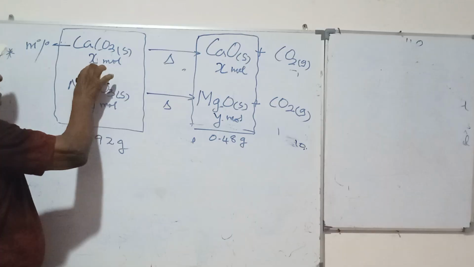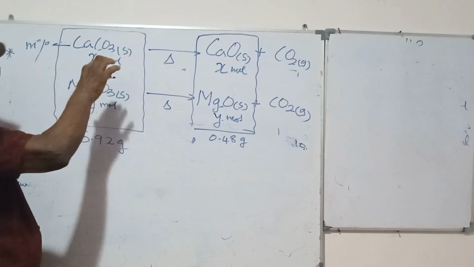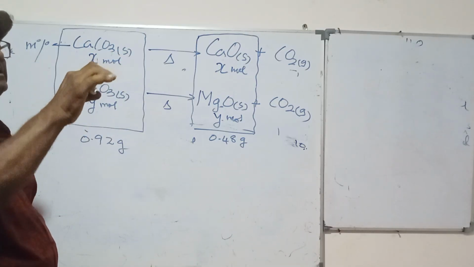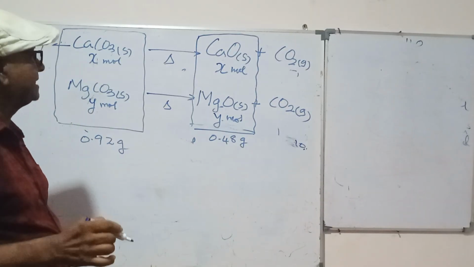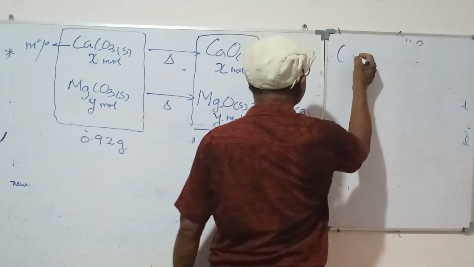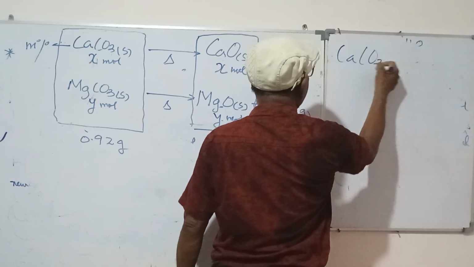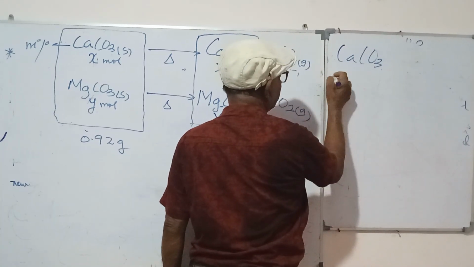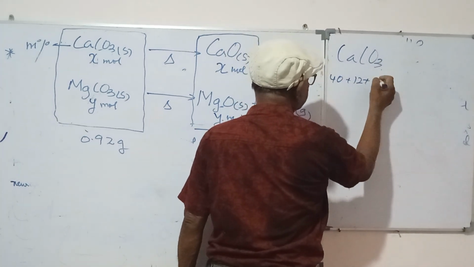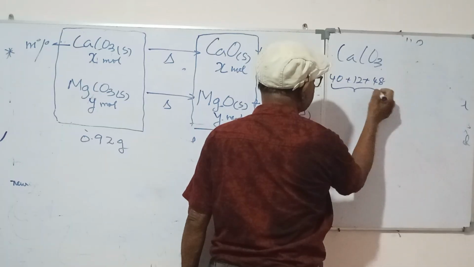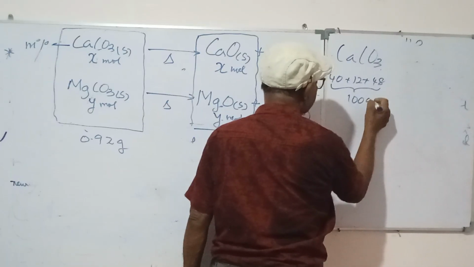If we know the mole, how do we calculate the amount in grams? You know that calcium carbonate has the molar mass 40 plus 12 plus 16 into 3, 48, altogether gives 100 grams.